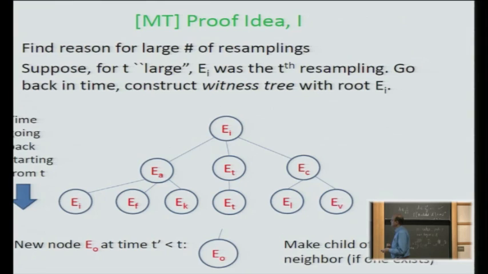So you're going to construct this witness tree going back in time, starting from t. At time t you construct a single node with root EI, and now suppose you have come down all the way inductively to time t prime less than t, and at time t prime you resampled in your algorithm because of event EO.